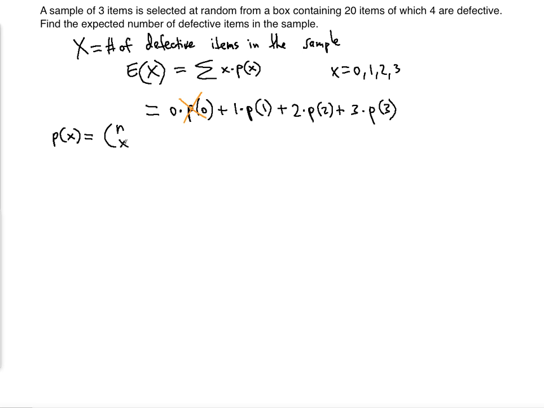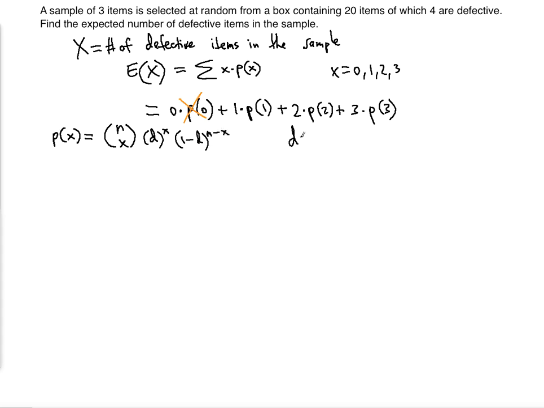We'll choose x items from the n items, and then we will have a probability of defect, so I will put a d, that will be raised to the power of x. And then 1 minus d raised to the power of n minus x.